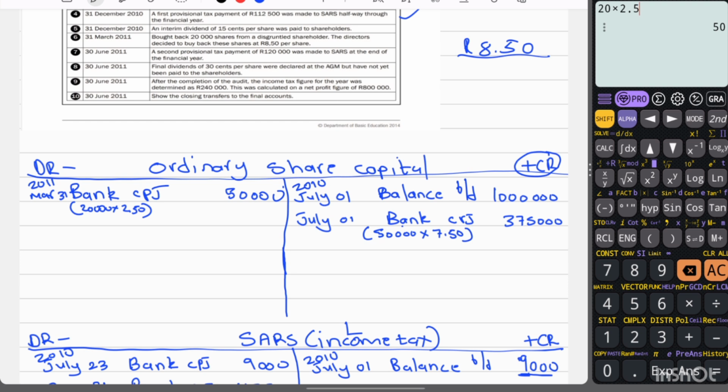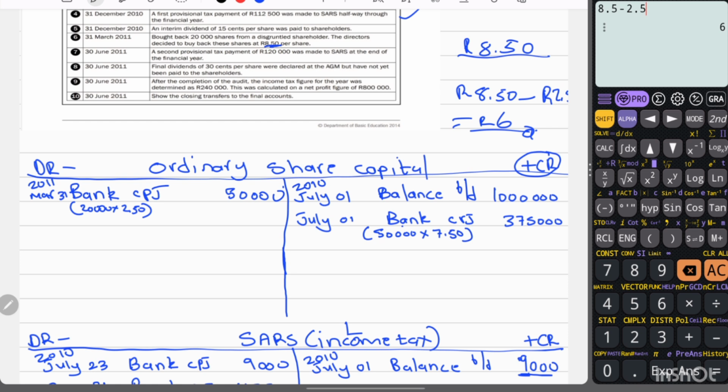Then you must go and check how much was taken from the retained income. The amount of money that was taken from the retained income is the difference between the buying back price and the average price, which is 2.50. It's going to be 8.50 minus 2.50, which equals 6 rand.